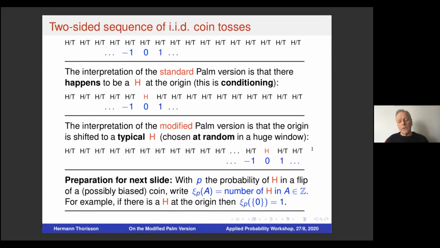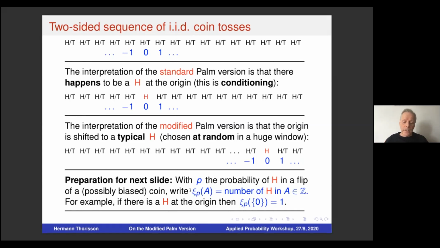I'm now going to look at a case where we don't get the same thing. So here is a preparation for the next slide. Let P be the probability of a head. So the coin could be biased.